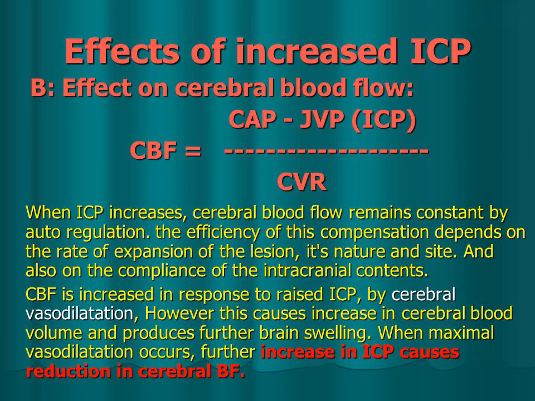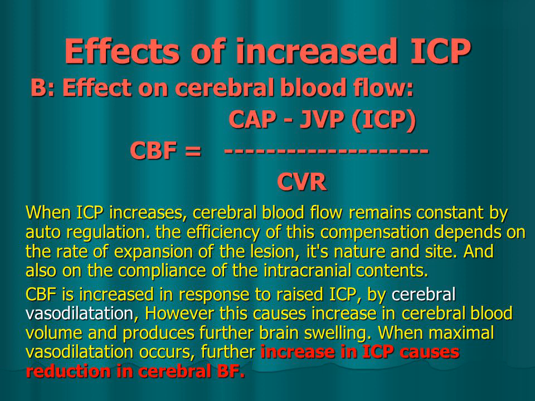Effects of increased ICP. B. Effect on cerebral blood flow. CBF equals CPP divided by CVR, where CPP equals MAP minus ICP. When ICP increases, cerebral blood flow remains constant by autoregulation.